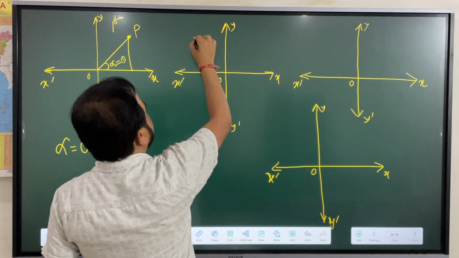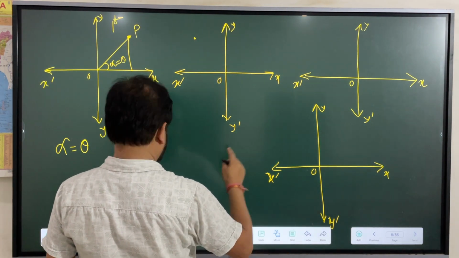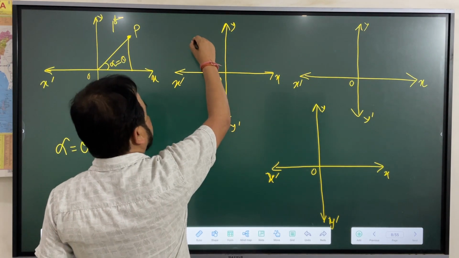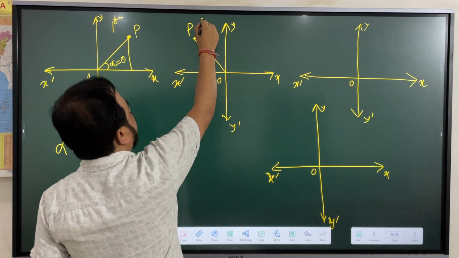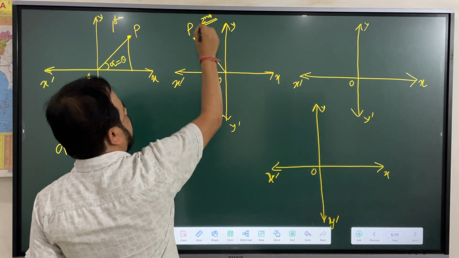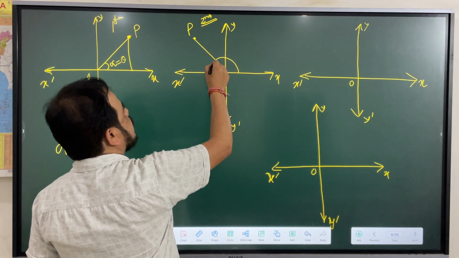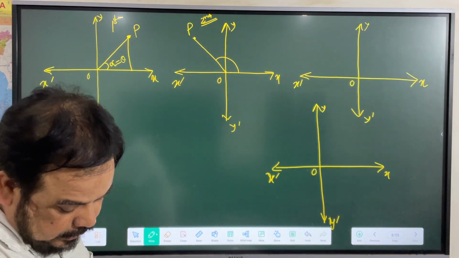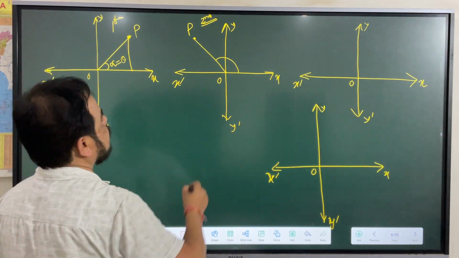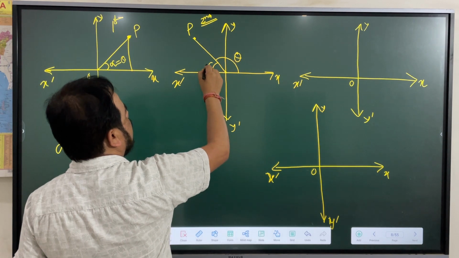Now the point is in second quadrant. Try to learn properly what I want to explain. Now OP is here in second quadrant. Now this is, what is this? That is theta. But this is alpha.